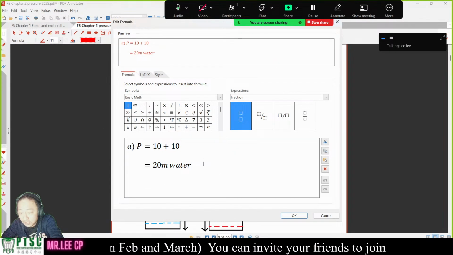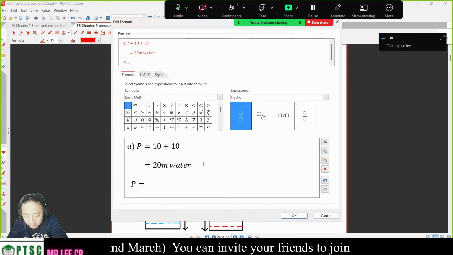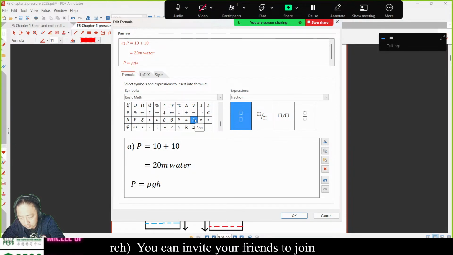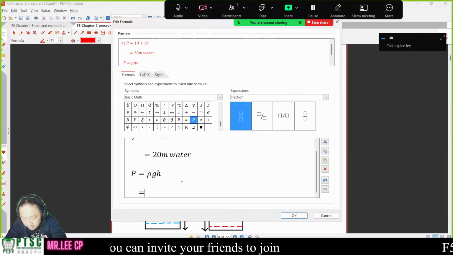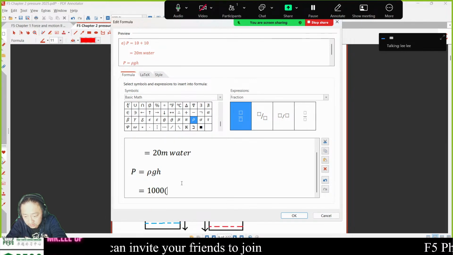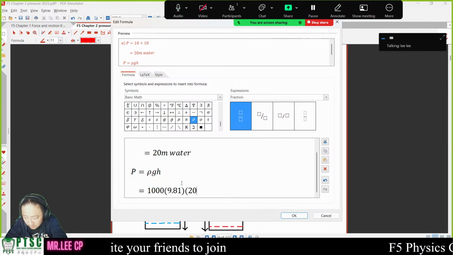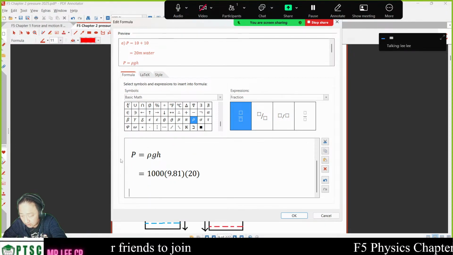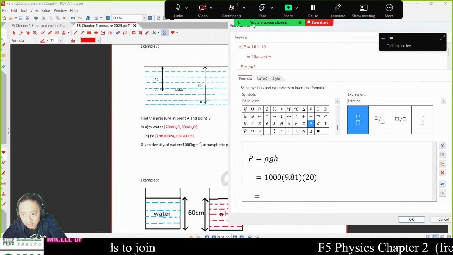20 meters of water, you want to change it to Pascal. So pressure is equal to rho GH. Rho, the density, is 1000, G is 9.81, H is 20, and it must be in meters. So how much will you get? I straight away use the answer here, faster.